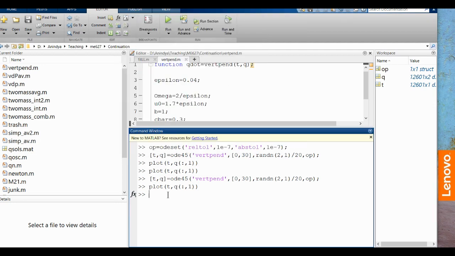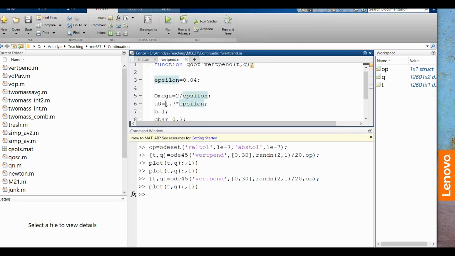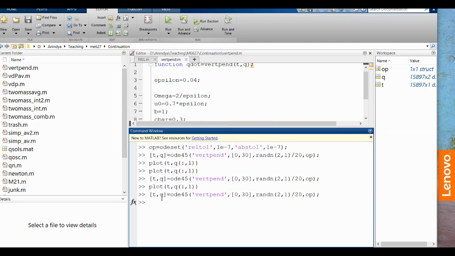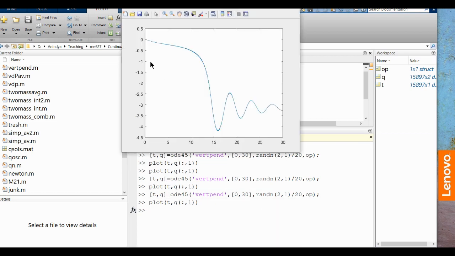Alright, let us take this u0 and make it 0.7 and then try. And this time you see it diverged from 0 and it is settling down at pi. That means the pendulum did not stabilize in the vertical position.